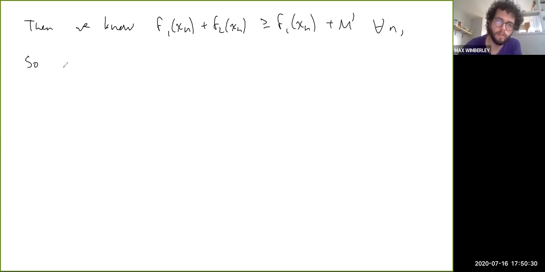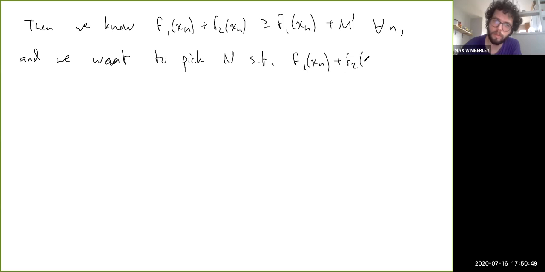And we want to pick capital N such that f1 of x_n plus f2 of x_n is greater than the given m.